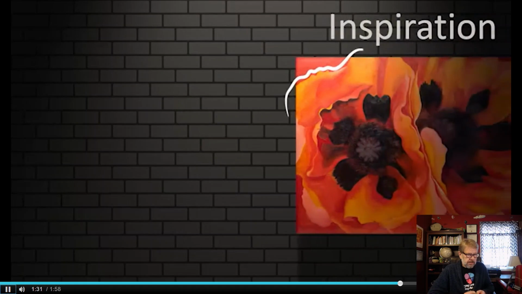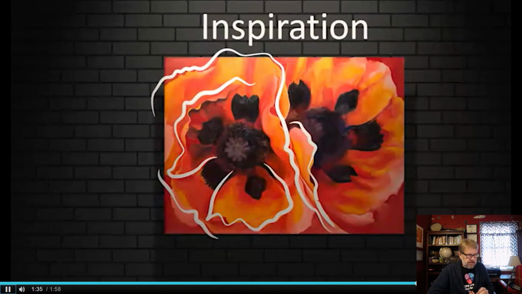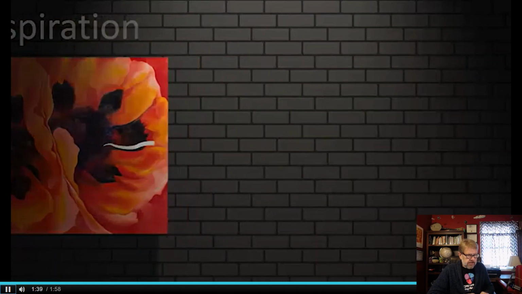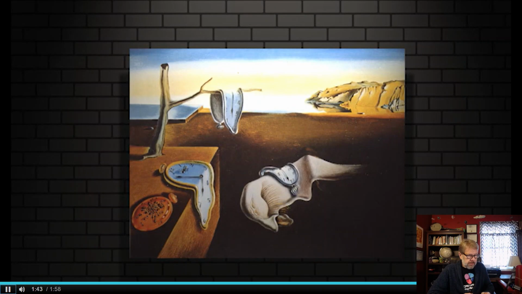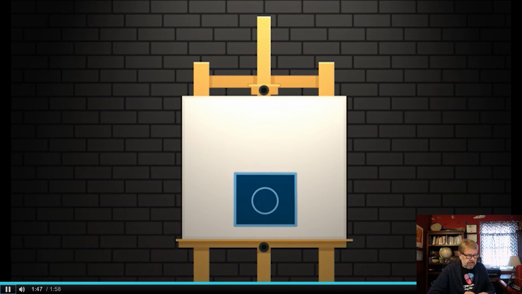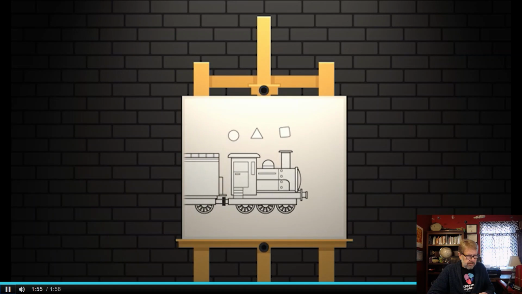To find inspiration for their art, artists look all around. From real life, like these flowers by Georgia O'Keeffe, to the depths of their imaginations. How neat! So use shapes with your art in any way you please. Let your inspiration flow. Are you ready? Get set. Let's go.